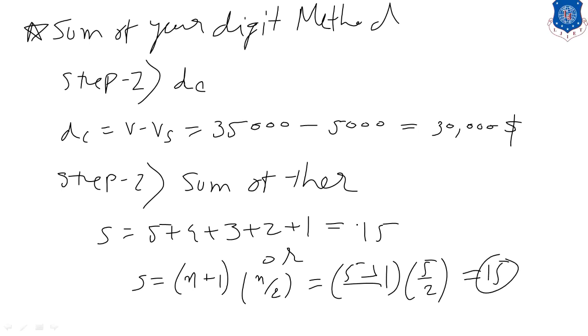So we'll get the same answer. If we want to calculate by this, then we can also calculate by this method, and if we want to calculate by using this equation, then we can also use this equation for calculating the sum of year digits. Now let's talk about the third step.